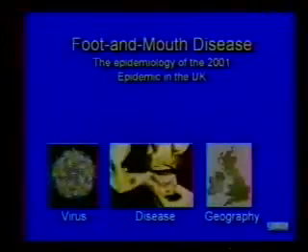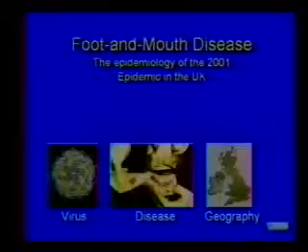But let's now start with foot and mouth disease and talk about this disease as it impacted the United Kingdom last year. Well, the first thing to determine is that it's a picornavirus, and it's a disease that is characterized by vesicles.